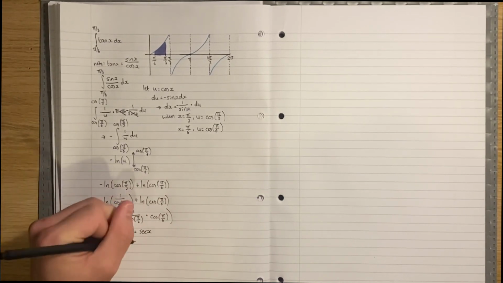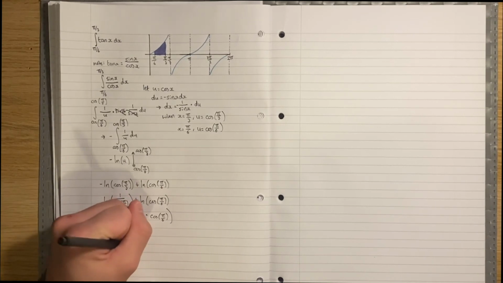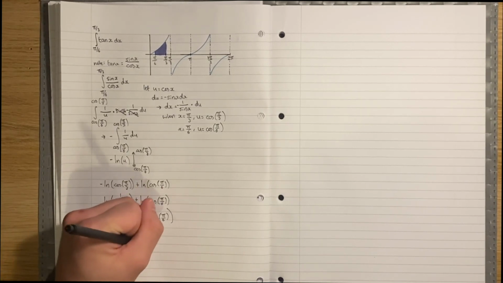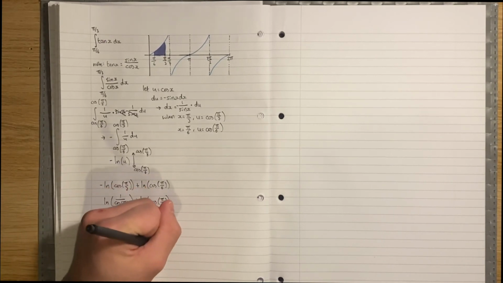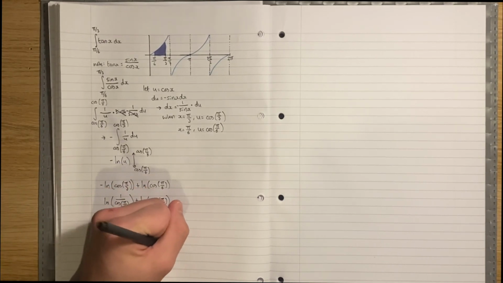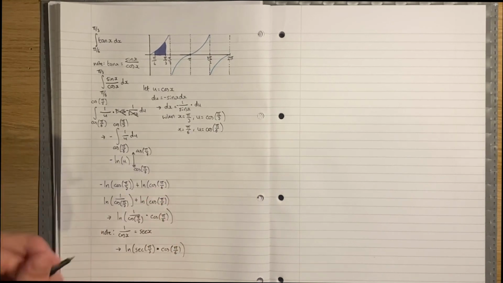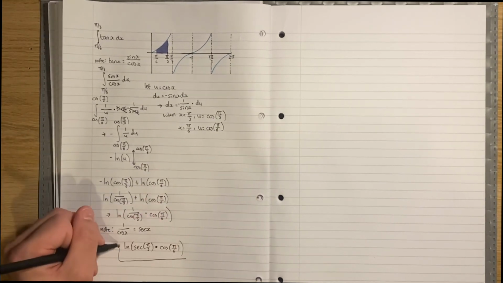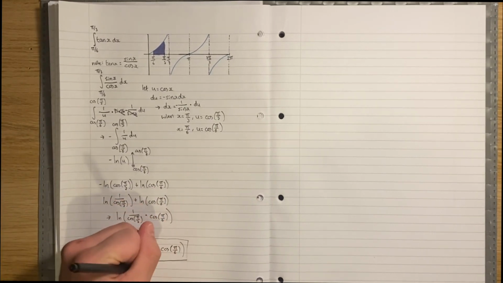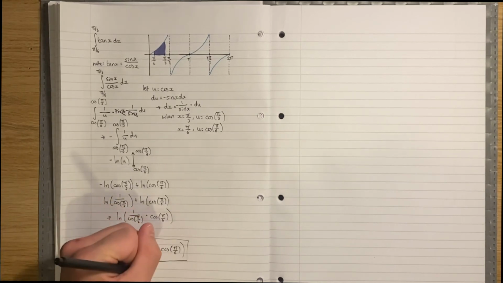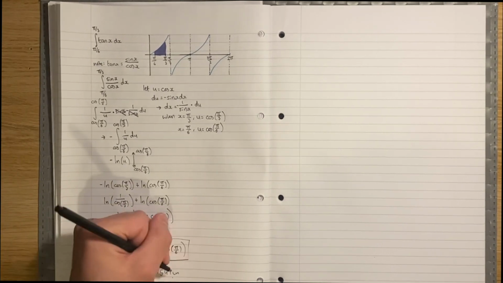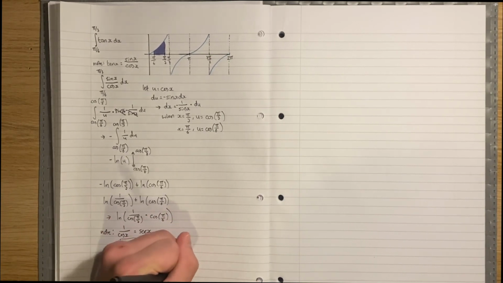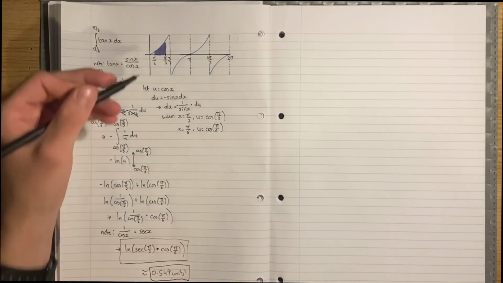So we can write this as the natural log of secant of pi over 3 multiplied by cosine of pi over 6. And this is going to be our final answer. And if you put this into a calculator, you're going to get approximately 0.549 units squared to be our area under this region.